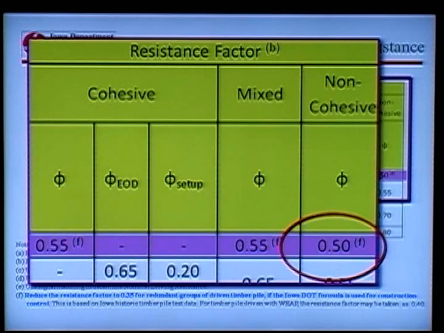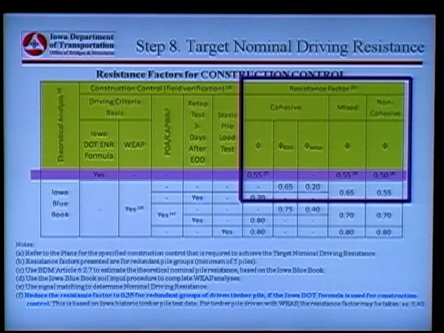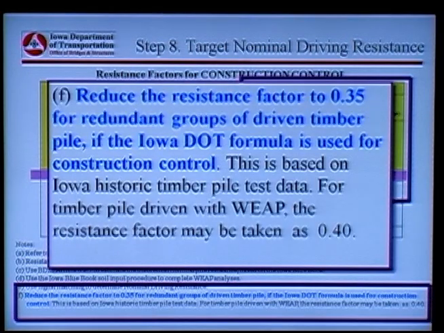But note that there's a note here, F. Right? This table was developed primarily based on the steel pile historical data. But this foundation system is a timber pile. Right? So note F says to reduce the resistance factors to 0.35 for redundant groups of driven timber piles, if the Iowa DOT formula is used for construction control.